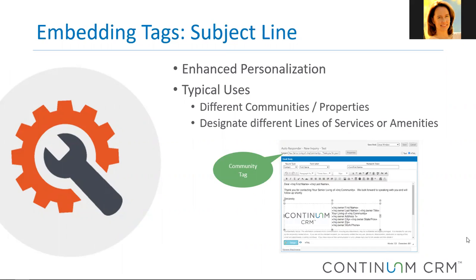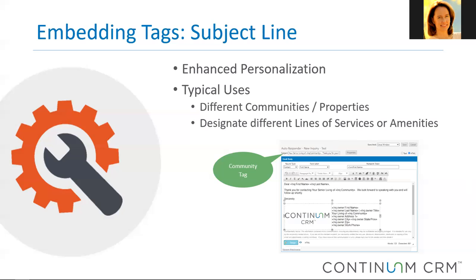We can embed all of that into the body of the email, but we can also put it in the subject line. So instead of just getting an email from your senior living, and there are 10 communities, I could get an email from your senior living in Duluth, Georgia, or I could highlight memory care services at your senior living in Duluth, Georgia, and that can be embedded in the subject line as well.